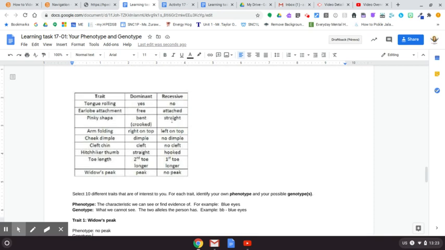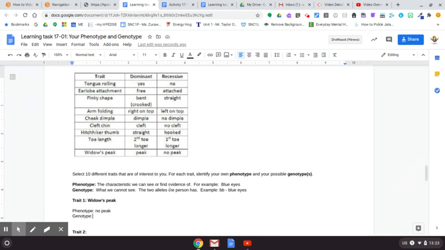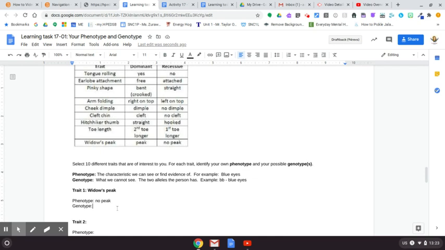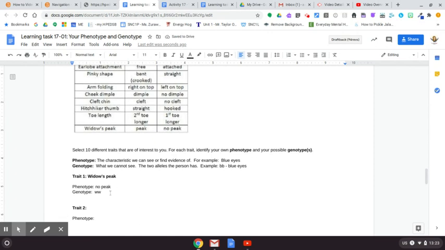It's recessive to not have a peak, so I know that I would have to be little w, little w, because I have no peak. So my mom gave me a gene that was no peak, and my dad gave me a gene that was no peak.